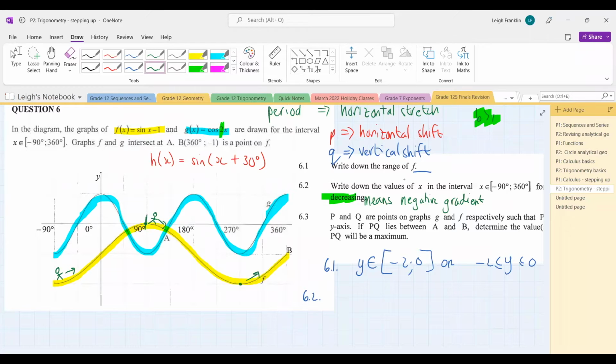So it's decreasing between 90 and 270. The values of x for which f is decreasing is when x is greater than 90 but smaller than 270 degrees.